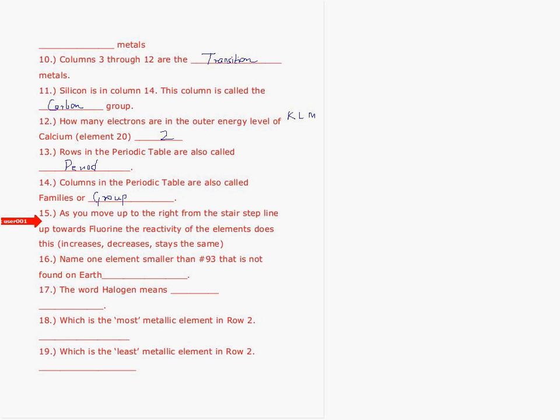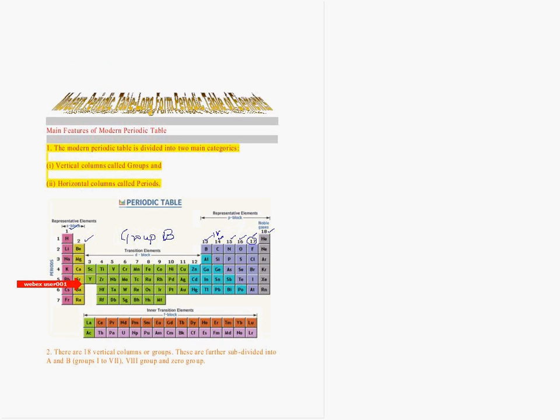Okay. If you move up to the right from the step line towards fluorine, the reactivity of the element does this. See, I told you, Shivaji, that metals are very reactive, right? And as we go to this side, from left to right, the reactivity decreases.